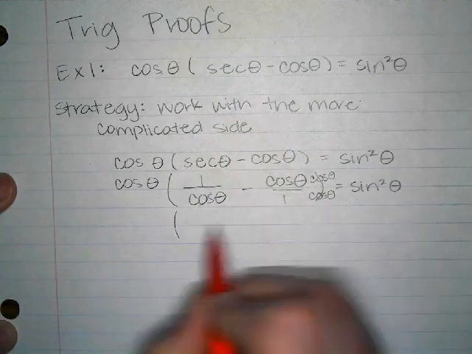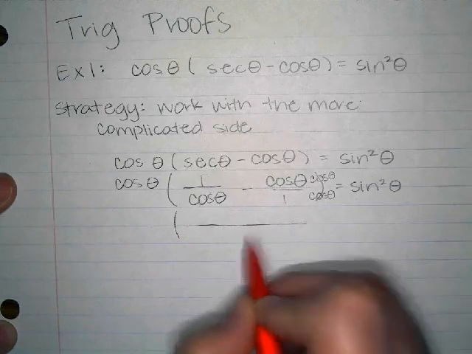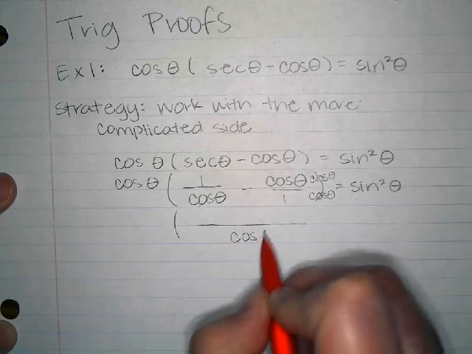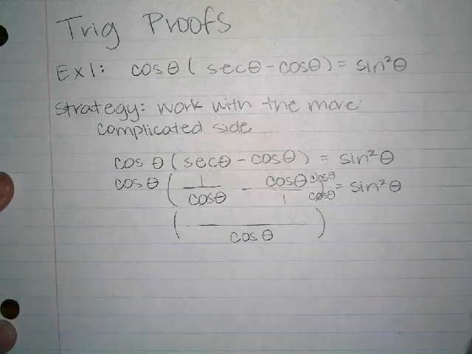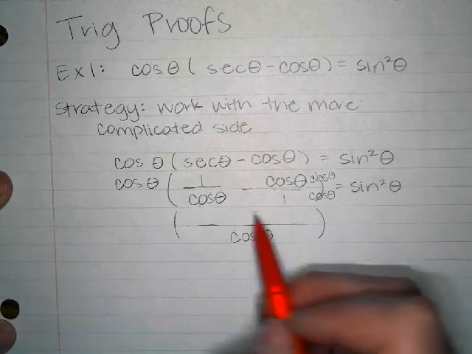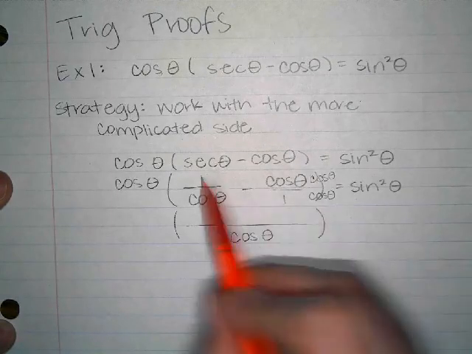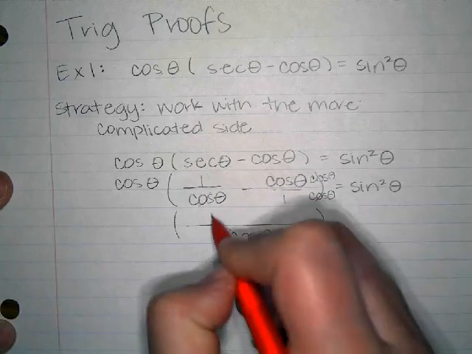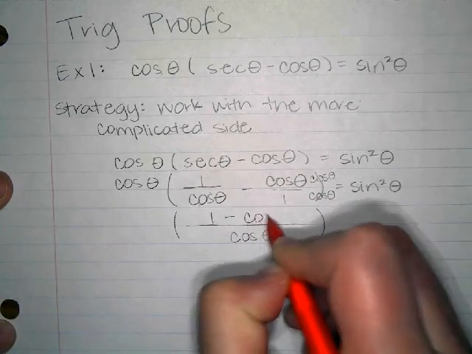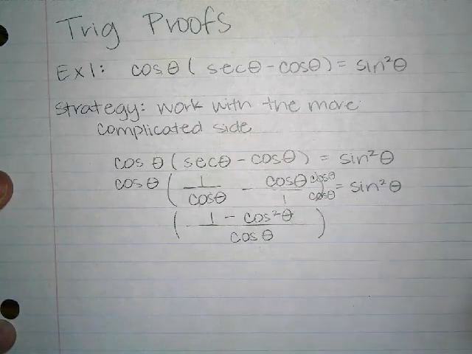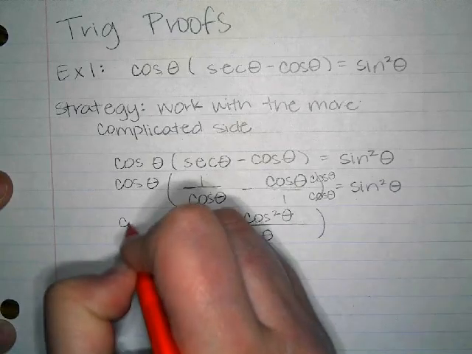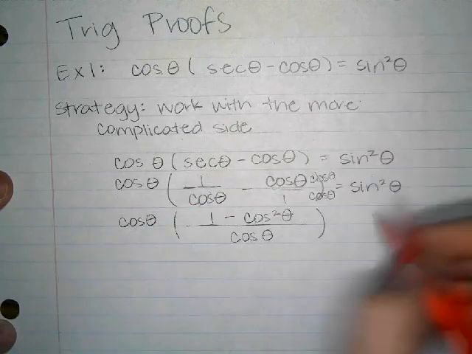And then what do I have on the top? 1 minus cos squared. I still have the cos outside. And here I'm just going to write that it still equals that sine squared. I just don't feel like writing sine squared again.